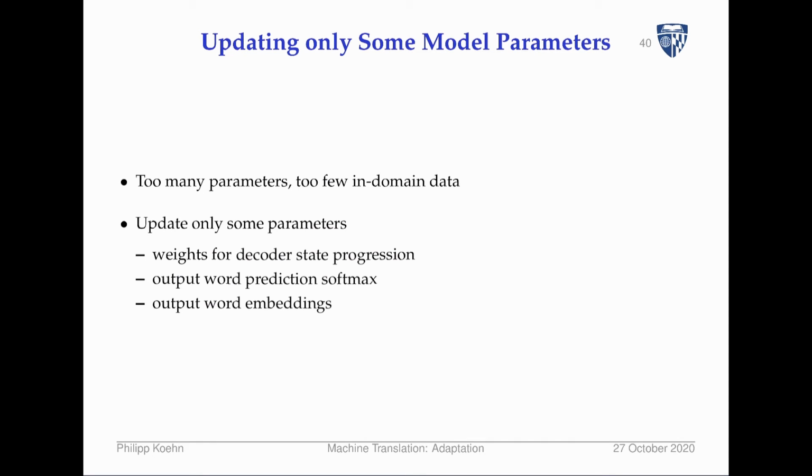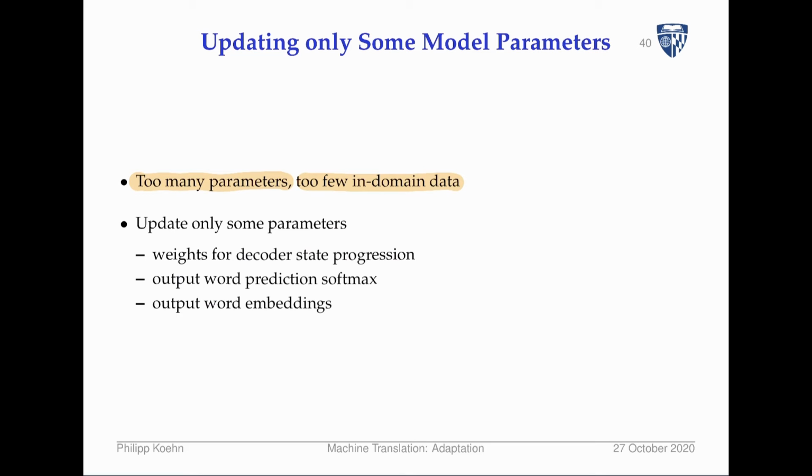So one idea is to update only some of the model parameters, to not let the model replace all parameter values, but only adapt some of the parameter values during the adaptation stage. This is generally because we have maybe too many parameters and too few in-domain data examples.